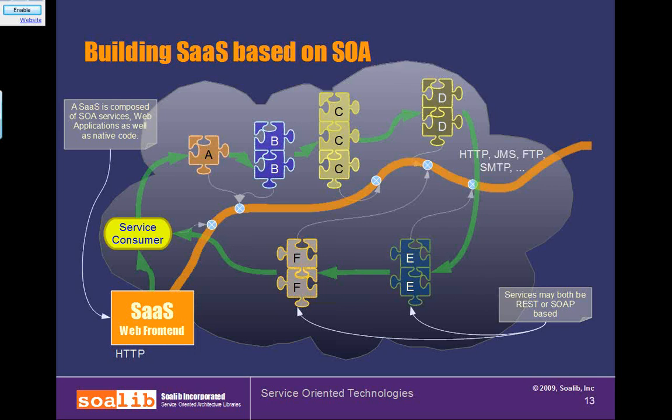Now, SaaS can also be consumed using SOAP protocol or REST protocol, but there is no restriction on how the client consumes the SaaS service. The main thing for SaaS is that it is hosted somewhere.